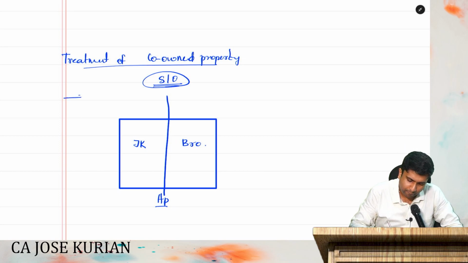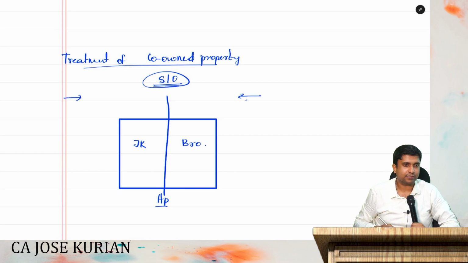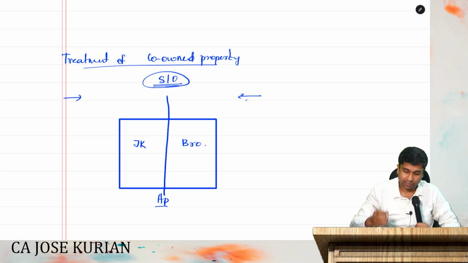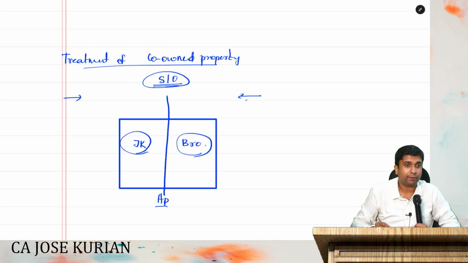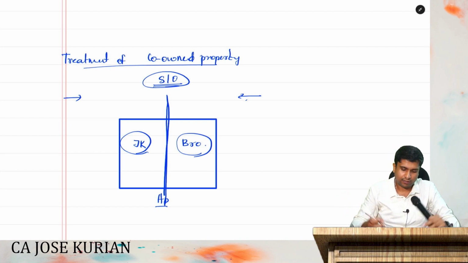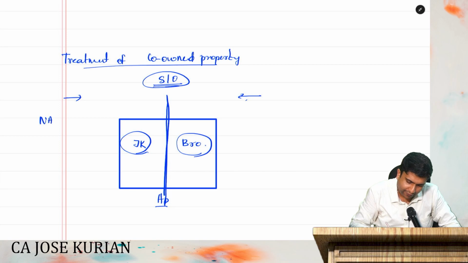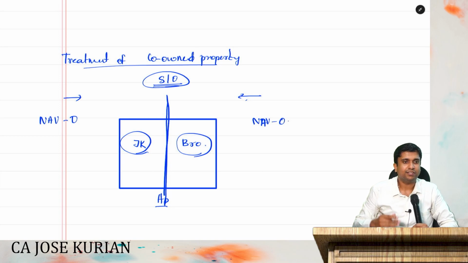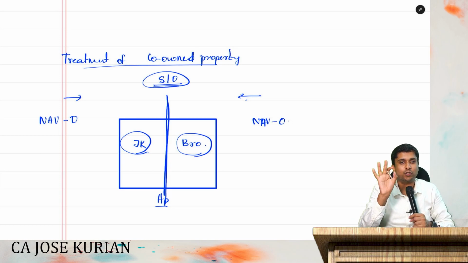Then you need to do 2 computations. One in my hand and the other in my brother's hand based on the square feet ownership. If we are joint owners, then straight half. In my hand, NAV is 0. In my brother's hand, NAV is 0. Why? Because self-occupied property, net annual value is always 0.